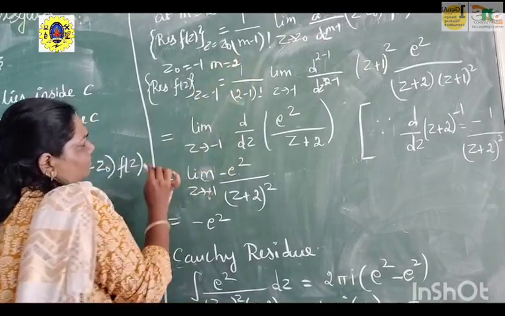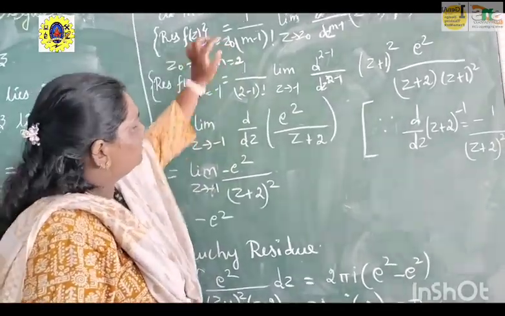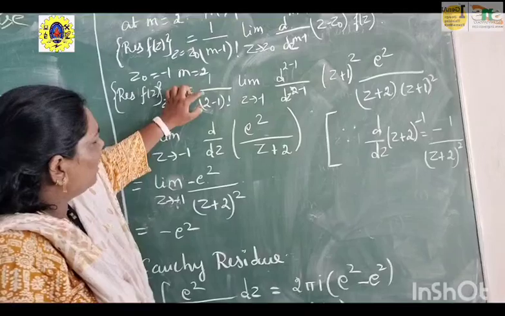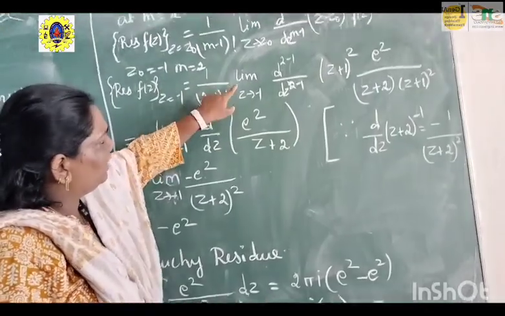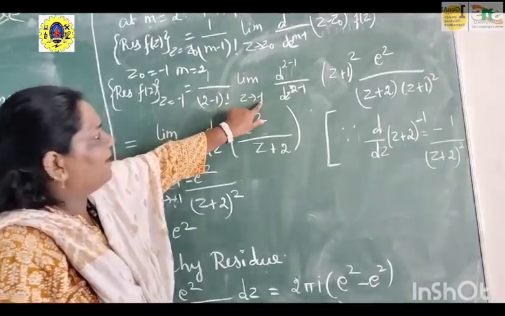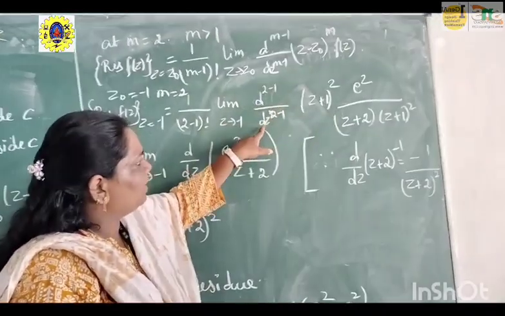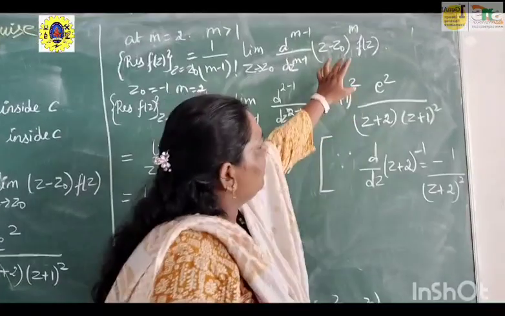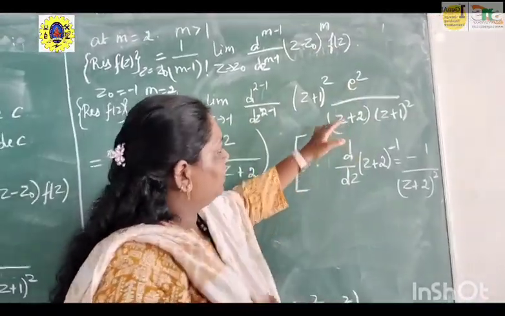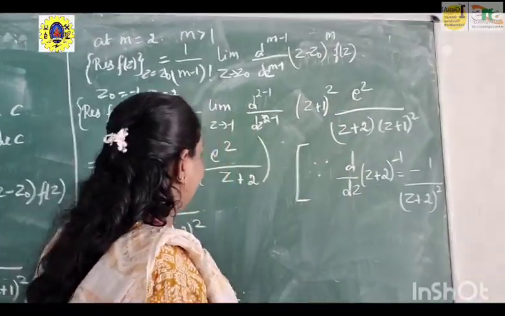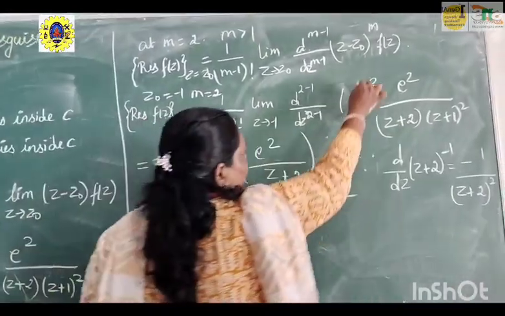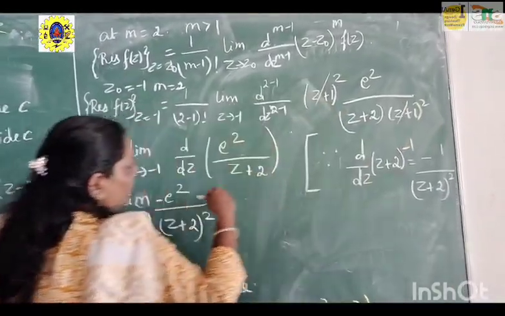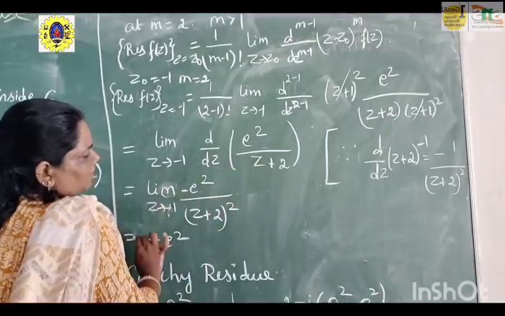Applying the values, we get 1 divided by (2 minus 1) factorial times the limit as z tends to minus 1 of d/dz of (z+1)^2 times e^(2z) / ((z+2)(z+1)^2). Cancelling, we get e^(2z) divided by (z+2).